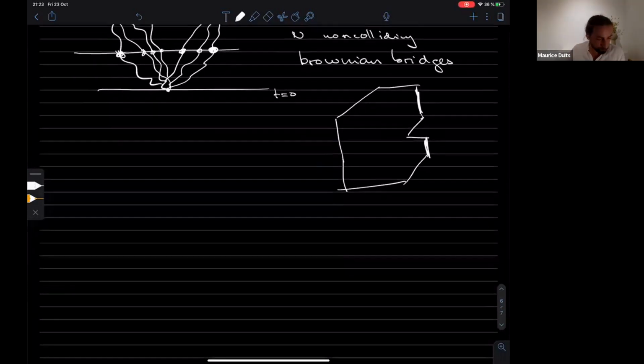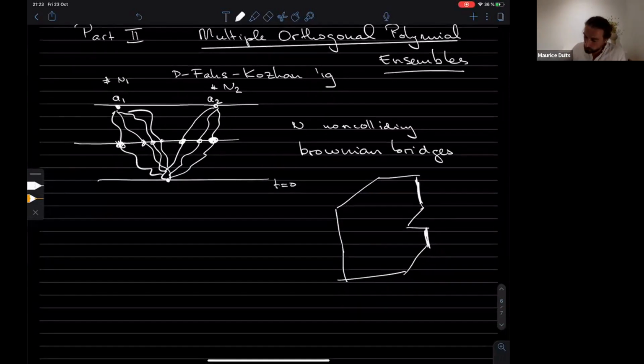Okay, so what you want to study, of course, in these models is that you take N that goes to infinity, but also we want N1 and N2, both of them, to go to some ν_j, which is an element in (0,1).